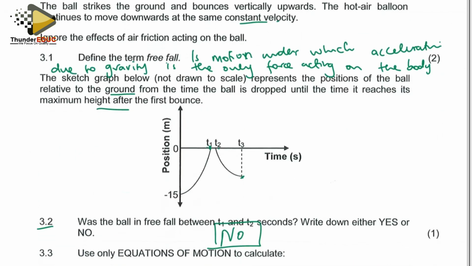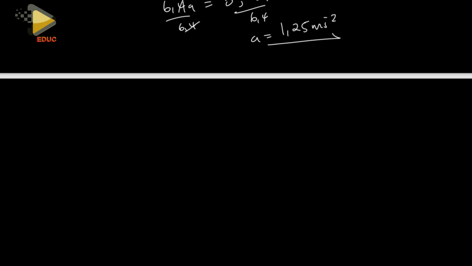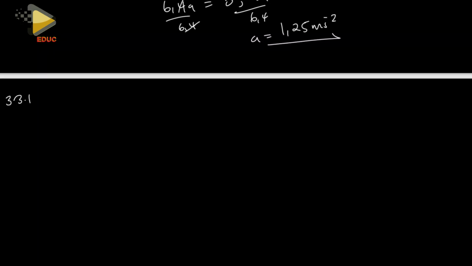So from the equations of motion, I'll just jot it inside and say 3.3.1. I can use now my change in y, which is given as v delta t plus a half a delta t squared.